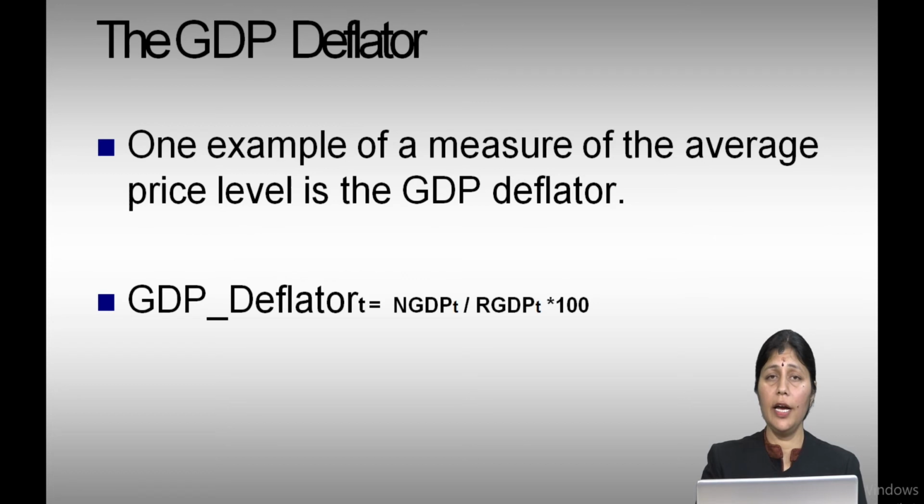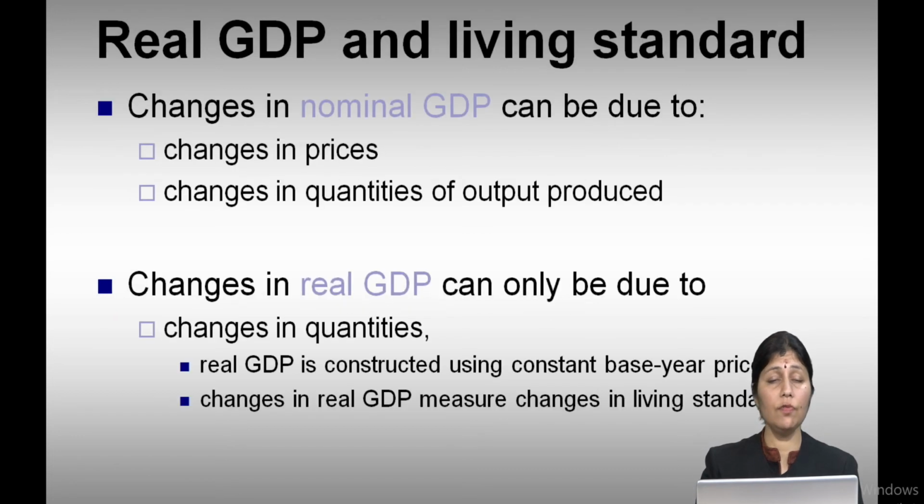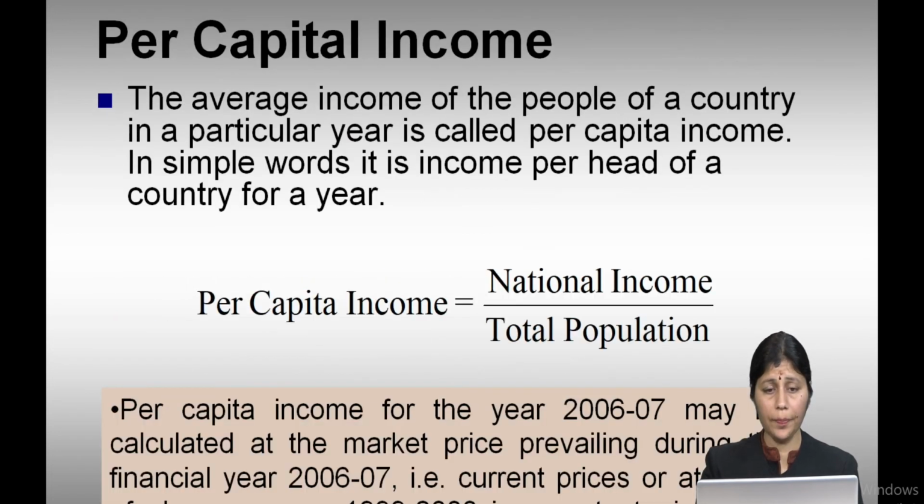Now, in the next slide, the GDP deflator. One example to measure the average price level, that is GDP deflator with respect to time, is equal to nominal GDP with respect to time divided by real GDP with respect to time multiplied by 100. Now, we can understand with the values which we have already calculated.